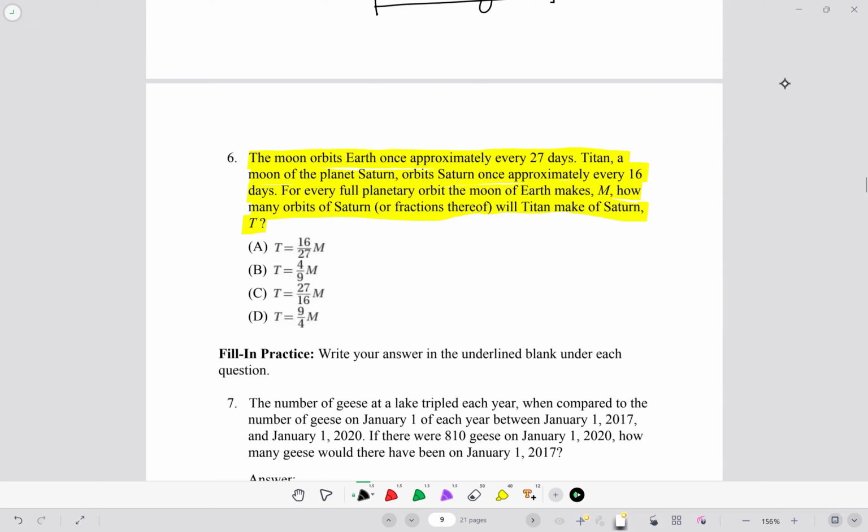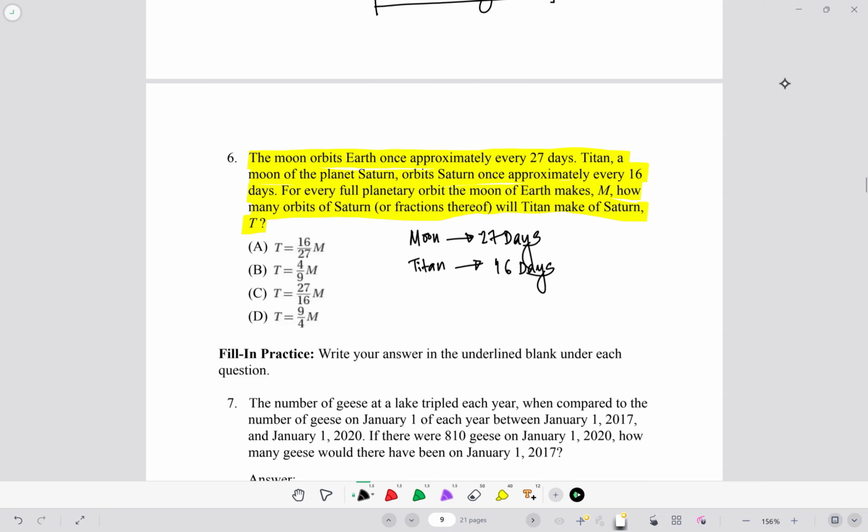So for the moon, it takes 27 days, but for Titan, it takes only 16 days. For every full planetary orbit the moon of Earth makes, how many orbits of Saturn or fractions thereof will Titan make of Saturn?